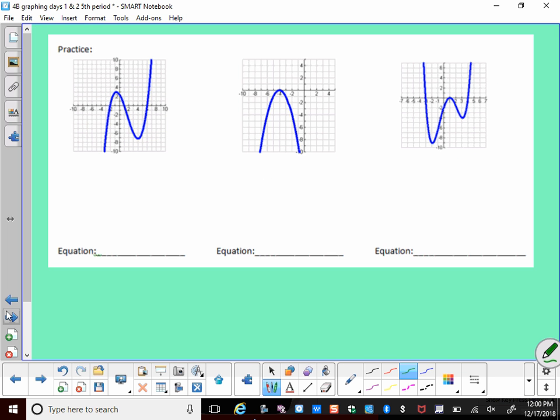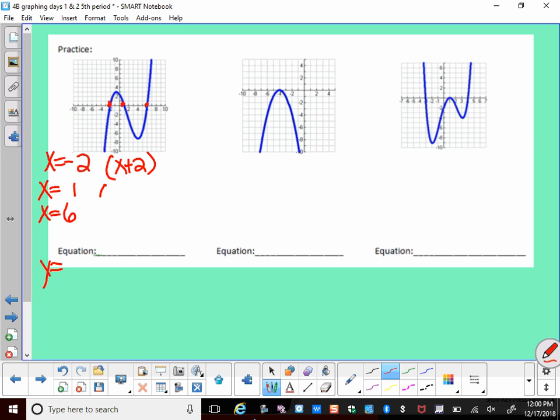All right, let's look at these problems. On the first one, you can see here I have 3 zeros. So x equals negative 2, x equals positive 1, and x equals positive 6. Your equation for this, I'm going to write it underneath, will be your factors. What's the factor for x equals negative 2? x plus 2.